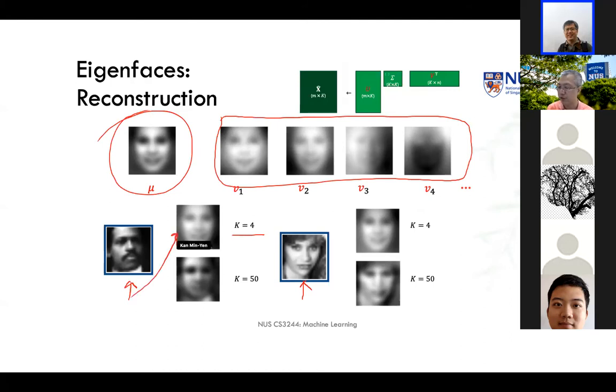It doesn't look very close yet because I don't have enough components. But gradually, as I tune up the number of k, I can get faces that look more realistic. And similarly for this woman's face here, using 4 dimensions and 50 dimensions.